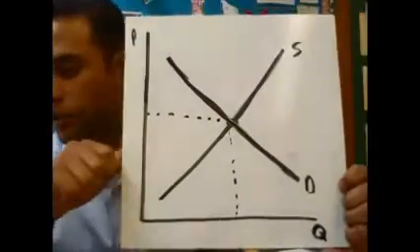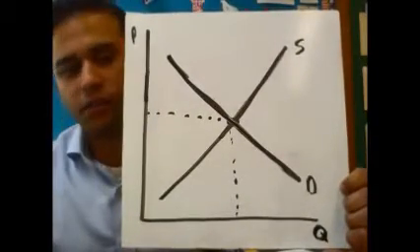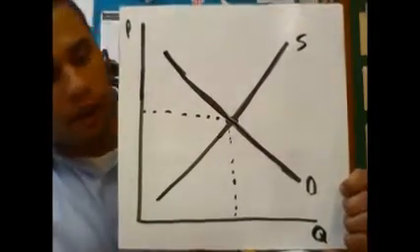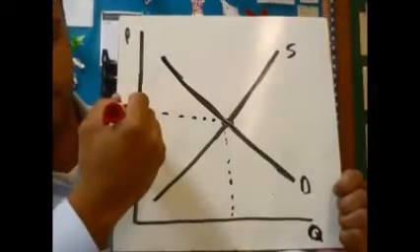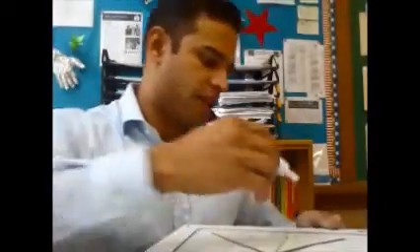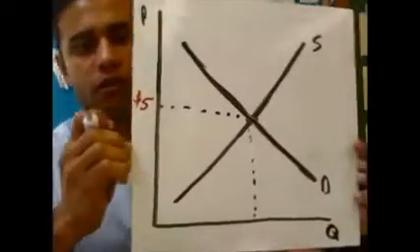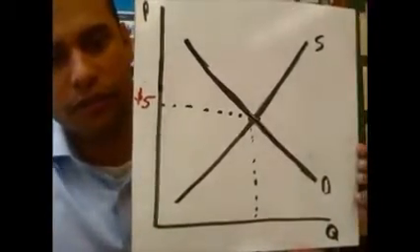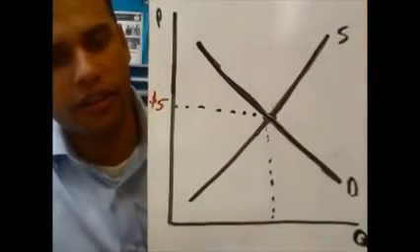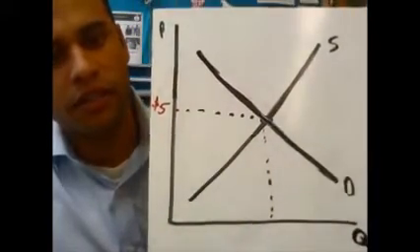So let's go back to our graph here. Right now, I've got an equilibrium price that is shown right here. And let's just go ahead and put a numerical value there. So let's say that that's $5. Okay, so $5 is the equilibrium price. This is also telling us the equilibrium quantity, which is the quantity of items sold.